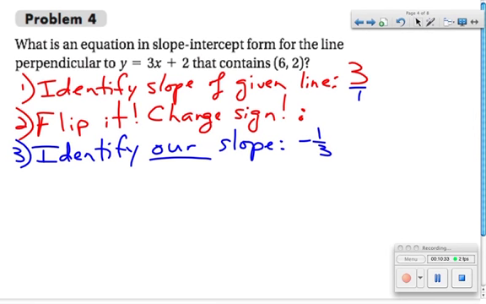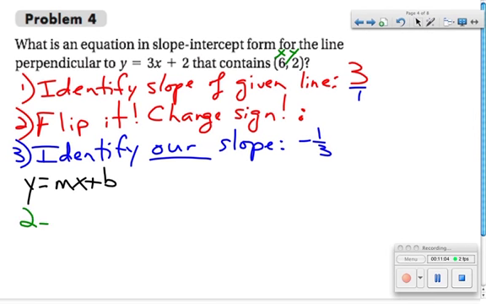Okay, so once again, I have the slope. This (6, 2), like Zoe mentioned before, is an x, y. And we can do the exact same thing that we did in problem 2. Take the x, the y, and the m, plug them into y equals mx plus b. So we can then solve for the b.